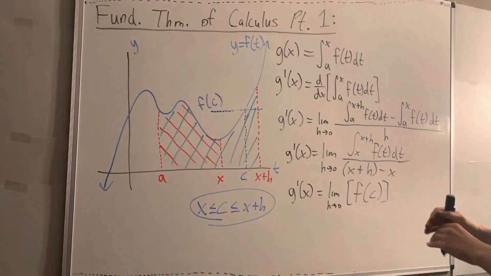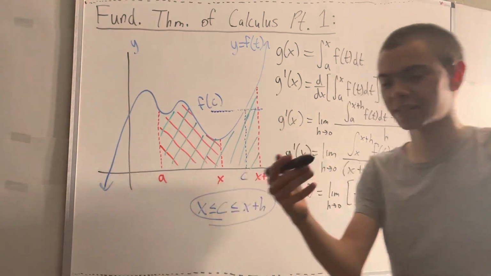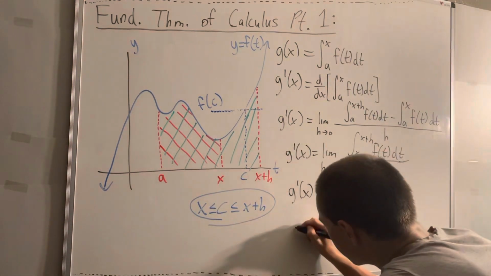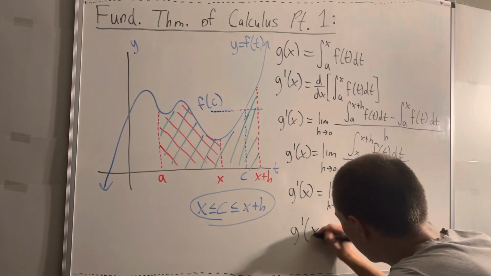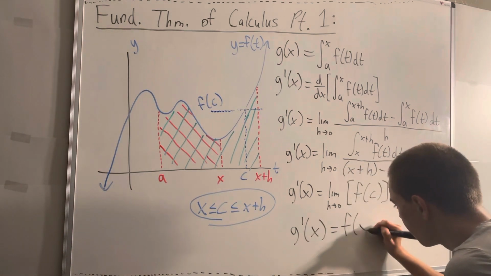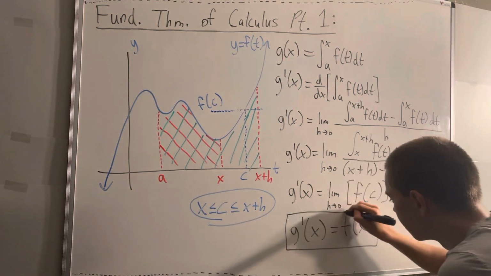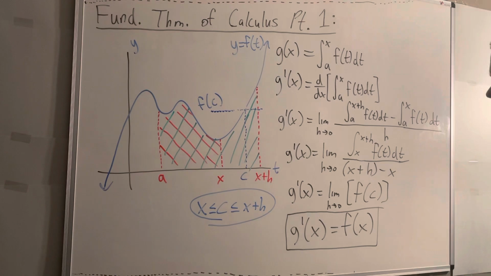As a result, if c approaches x, then f of c must approach f of x. And so that would be the answer to our limit. So g prime of x equals f of x. This is the answer.